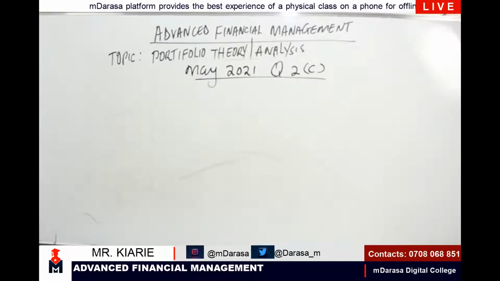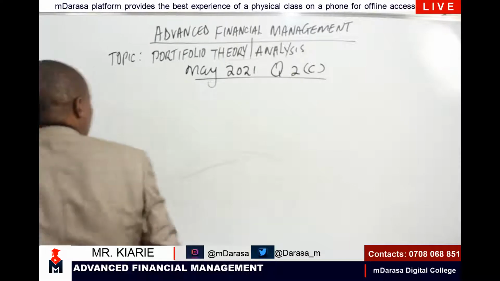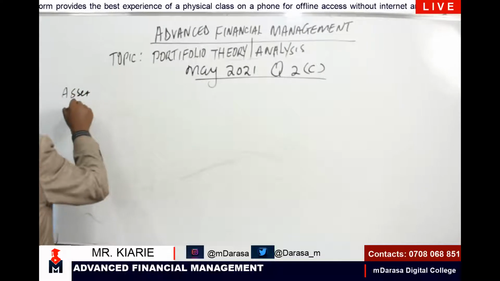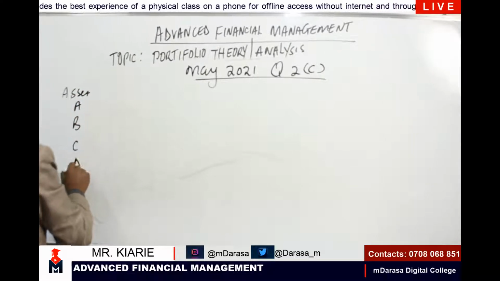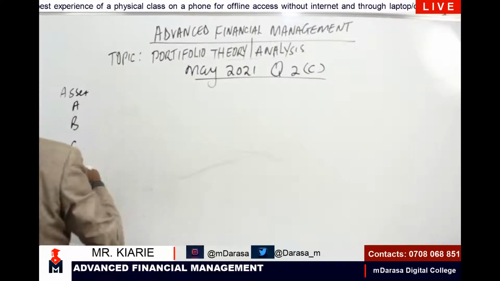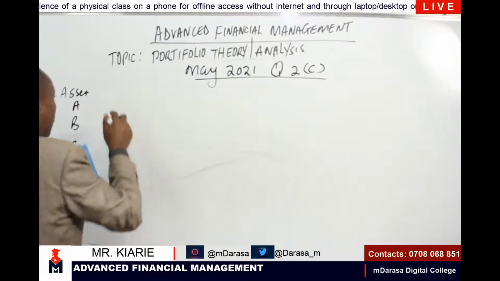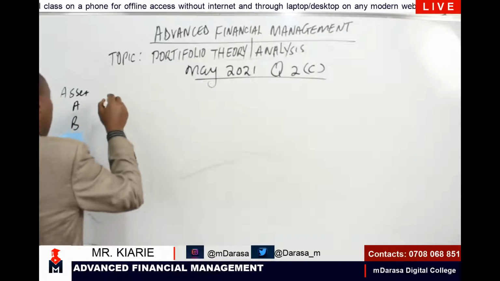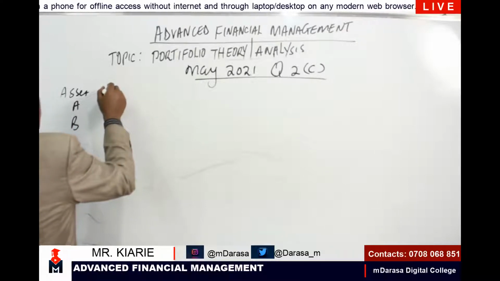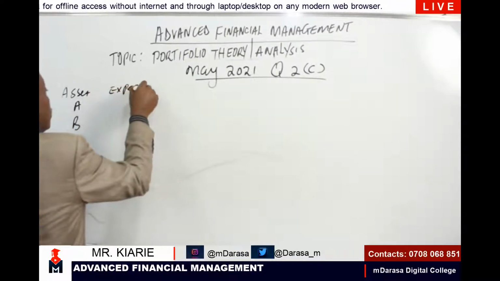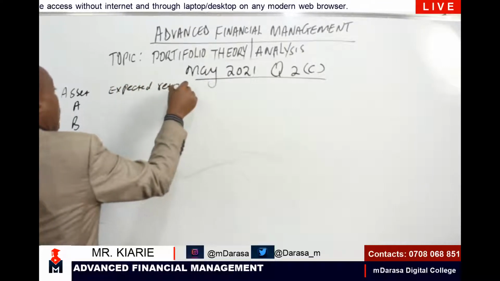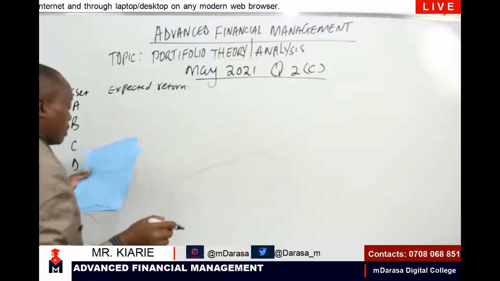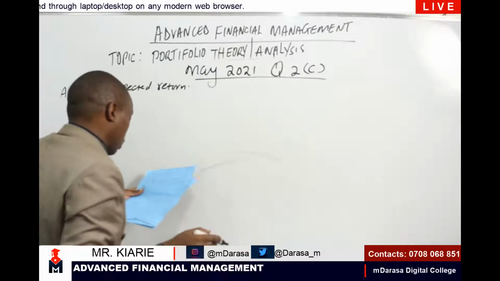We have assets A, B, C, D, and we have the expected return. We are going to use CAPM, the security market line equation.